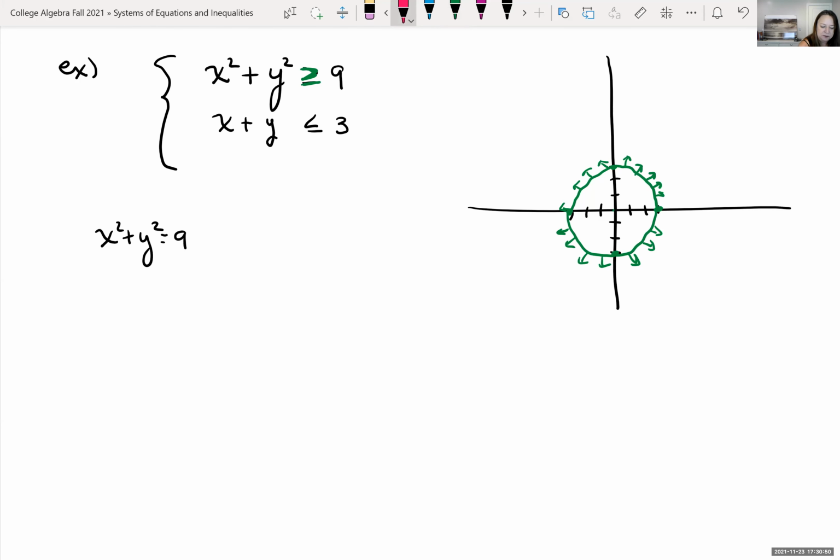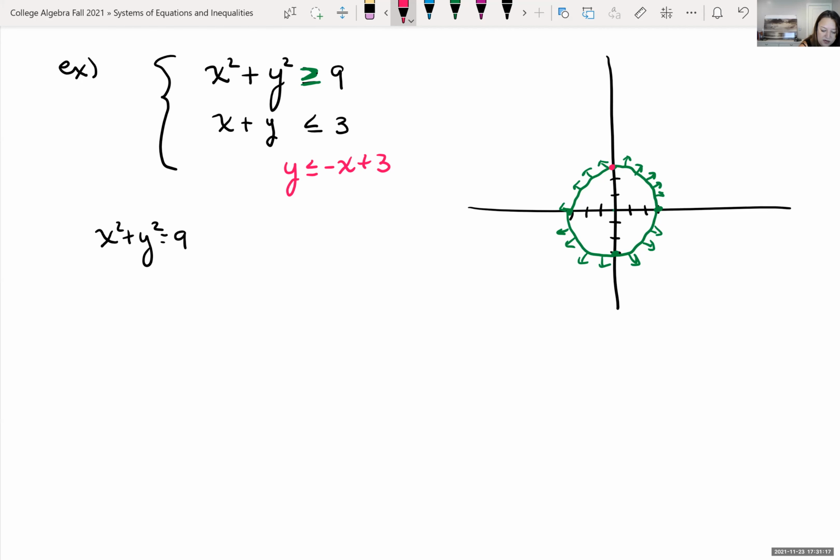Now let's look at x plus y is less than or equal to 3. This is the same thing as if I got y by itself: y is less than or equal to negative x plus 3. So I know I have a y-intercept at 3, and I have a slope of negative 1.